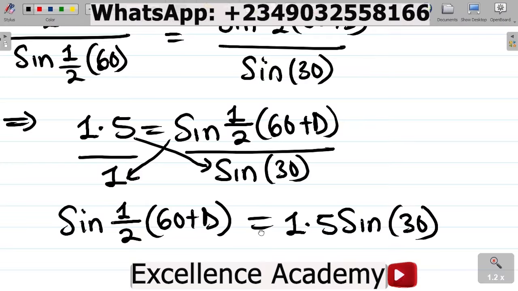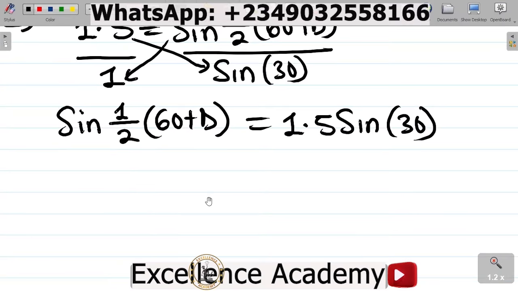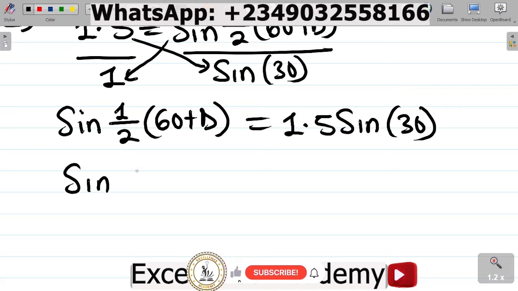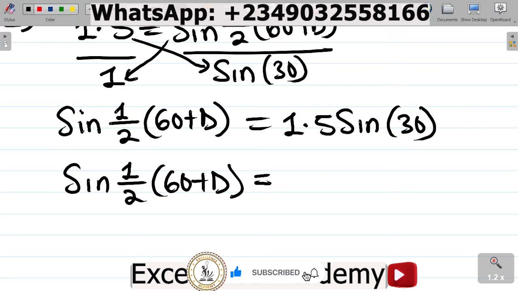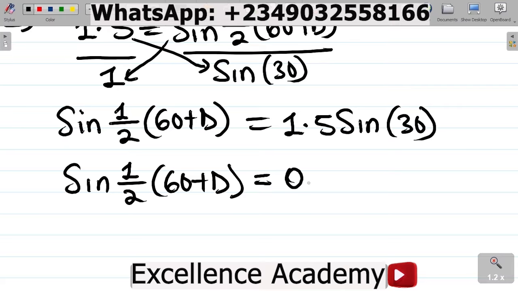So we have this. All right. Proceeding from this, sine of 1 over 2 into 60 plus D is equal to, I'll punch 1.5 sine of 30. All right, that becomes half of 1.5, 0.75. So I have this.